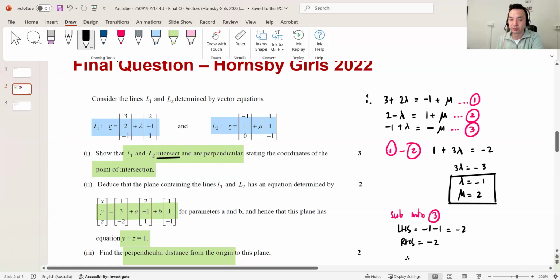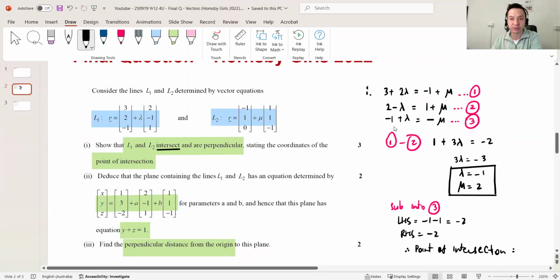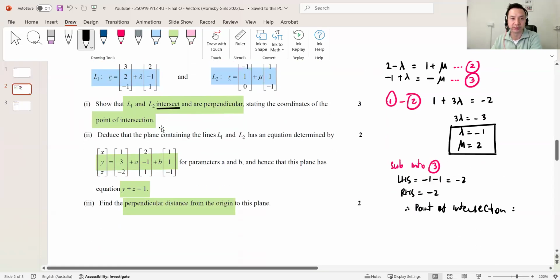Therefore, the point of intersection is, so I'll sub either lambda or mu into one of those equations. Maybe I'll sub mu in because it looks simpler. So the intersection would be (-1, 1, 0) plus 2 times (1, 1, -1).